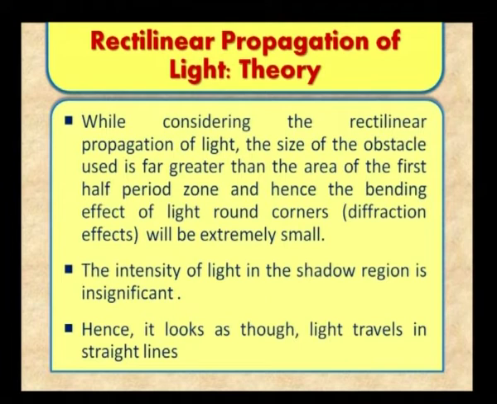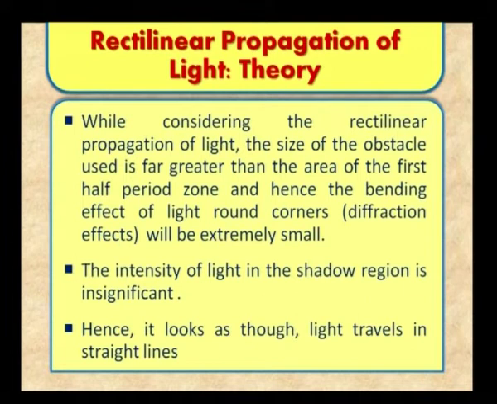So, what I would like to tell you finally is, when you have an obstacle in the path of the light beam, even if you treat light to be made up of waves, even if you assume that the light waves are bending, they really bend, that is diffraction. Diffraction is nothing but the bending of light waves.